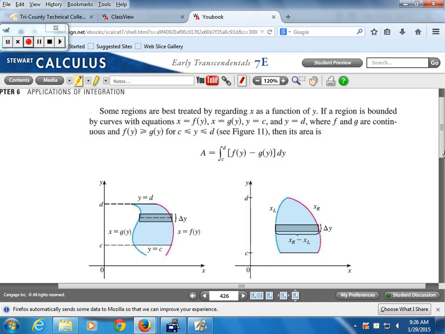So this is where you have to put things in terms of y. So write that down. Area is equal to the integral from C to D of f of y minus g of y dy. Same concept, just think of the x-axis as the y-axis. It'd be the top one minus the bottom from C to D, or D to C, whichever one you want. The area is going to be the same, negative or positive.